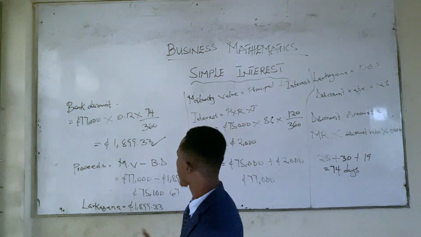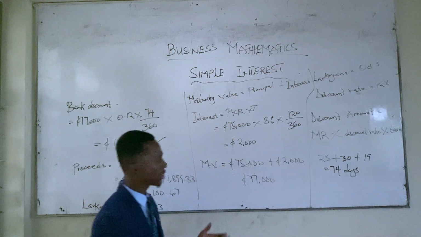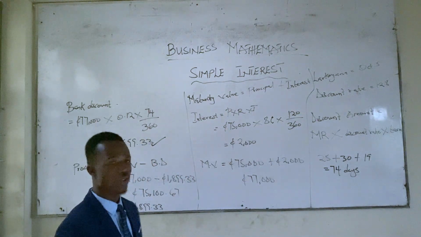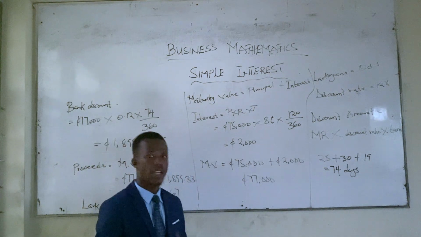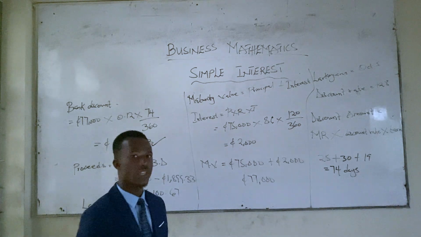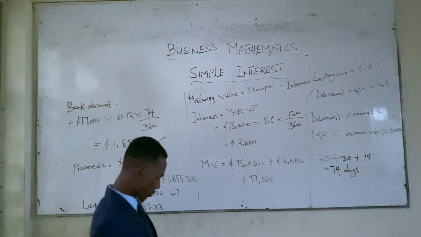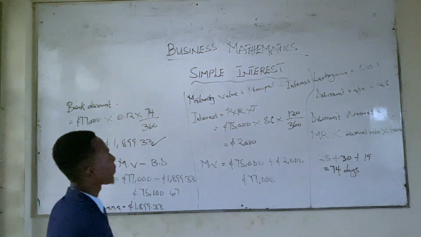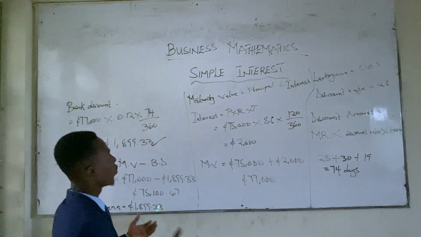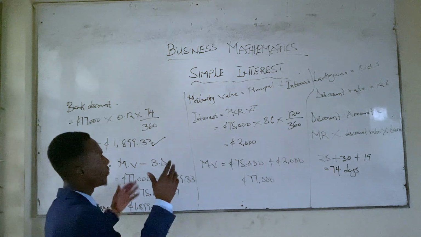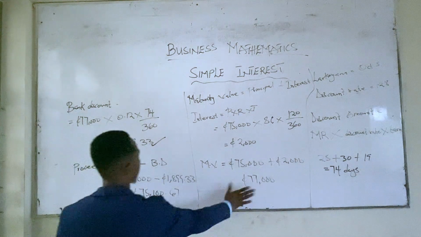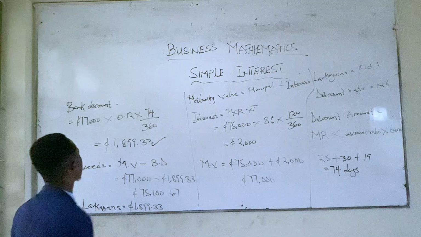Yes. So I think it's not really difficult. First of all, you have to know how to calculate your interest and your amounts. Then the next thing you have to do, very simple, is calculate your maturity value. When you get the maturity value, you use it to calculate the bank discount.